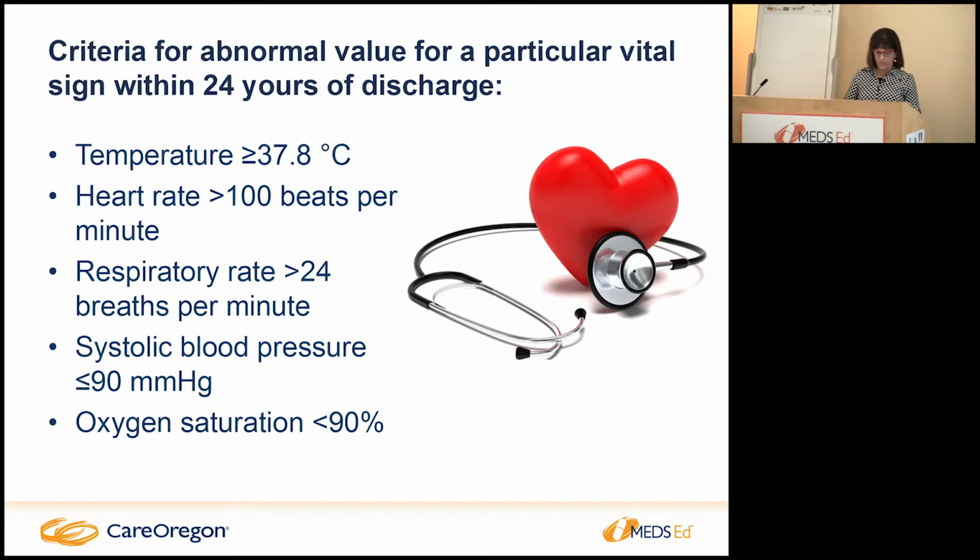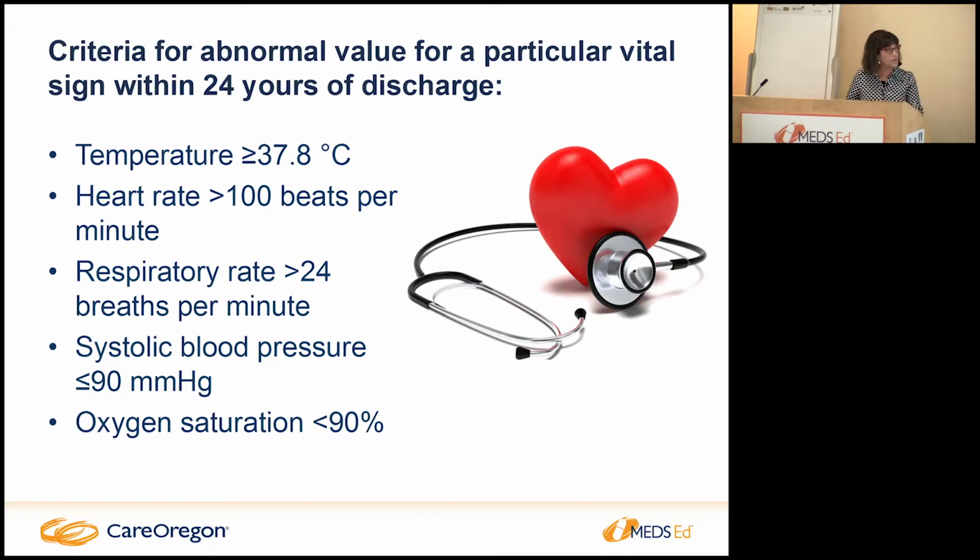This is the criteria for the abnormal values for vital signs that they used in this study. If in the 24 hours prior to discharge one or more of these is not stable, then that's a red flag.